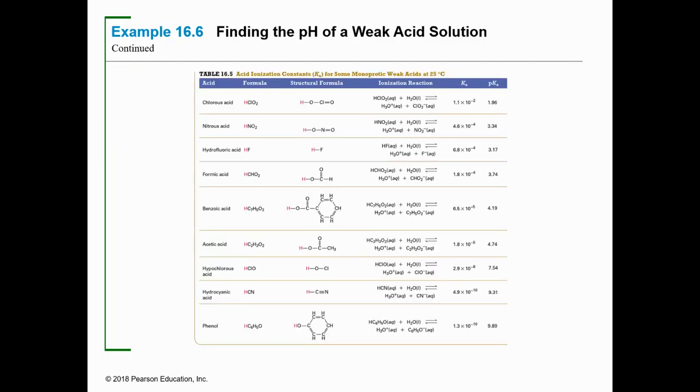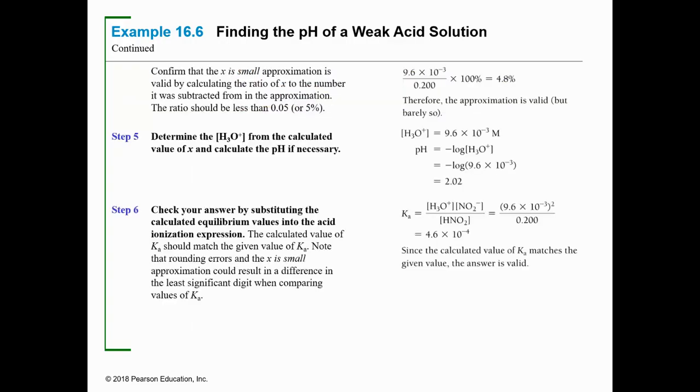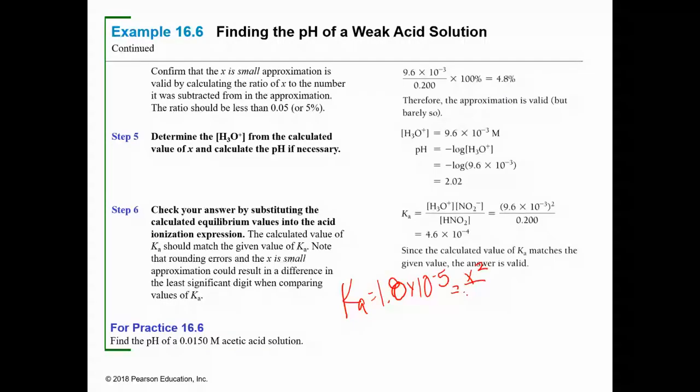Now we're going to do acetic acid. I think it's 1.8 times 10 to the negative 5. That's what I thought. Okay, so its Ka is 1.8 times 10 to the negative 5. And that's equal to x squared over 0.015. So we just solve for x.